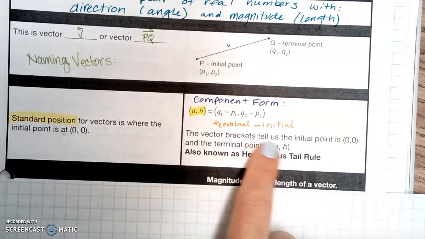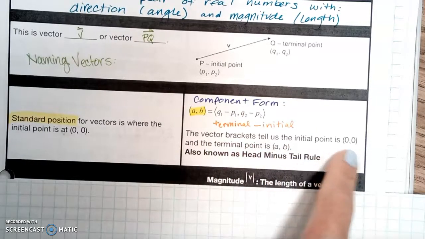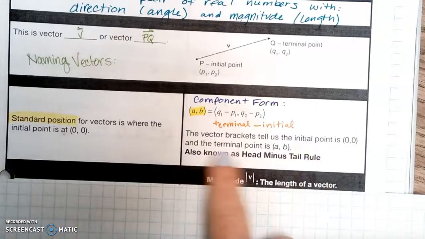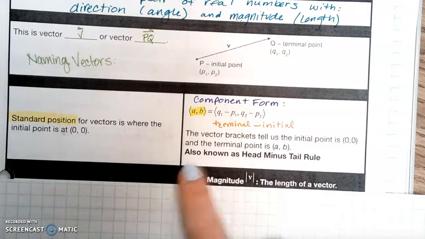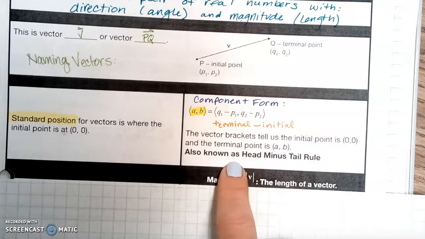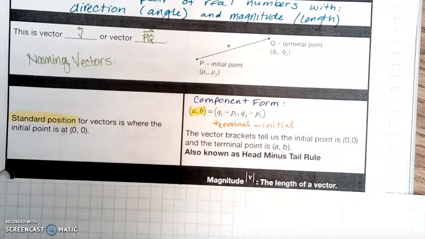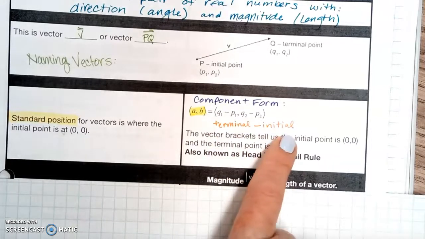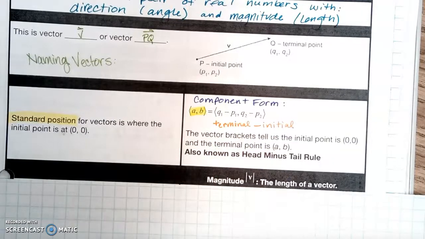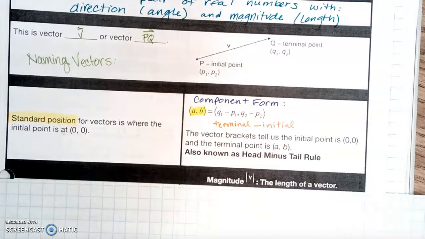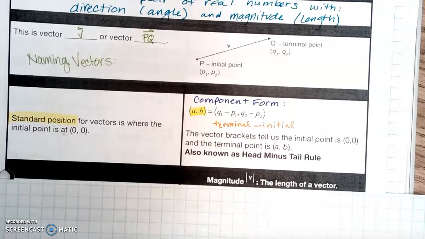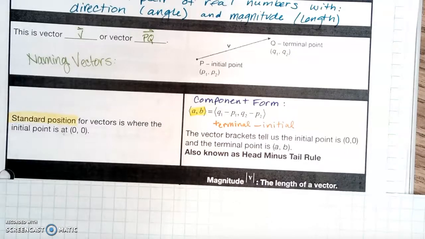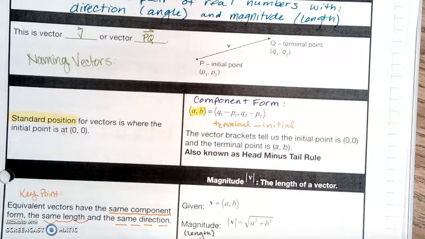The vector brackets tell us the initial point is 0, 0, and the terminal point is at a, b, also known as the head minus tail rule. So we do the terminal minus the initial, and then simplify it, and that puts it into component form for us. We'll see that in a minute.